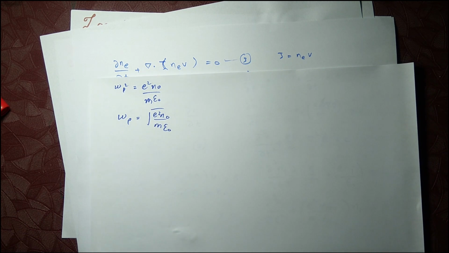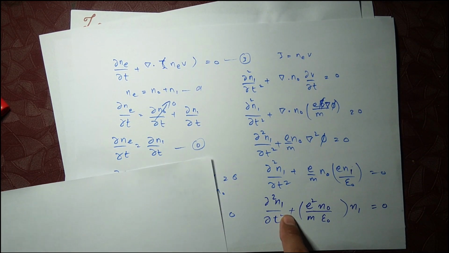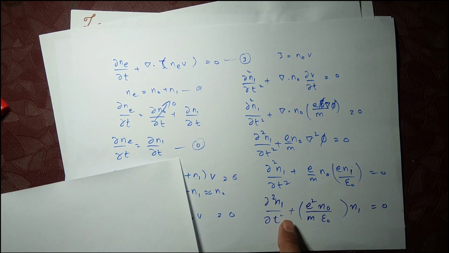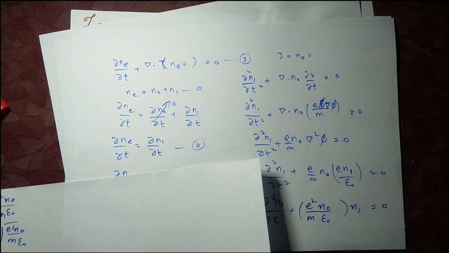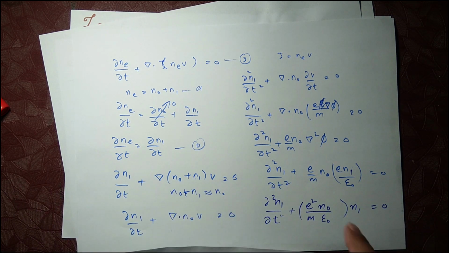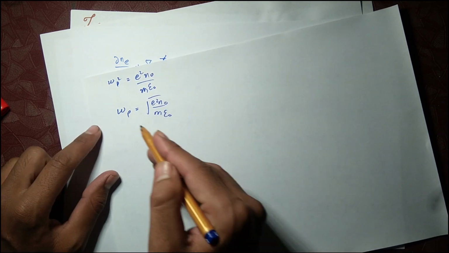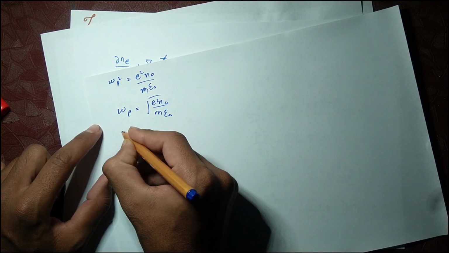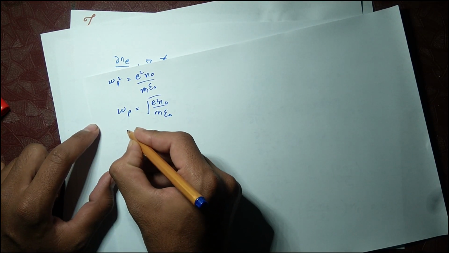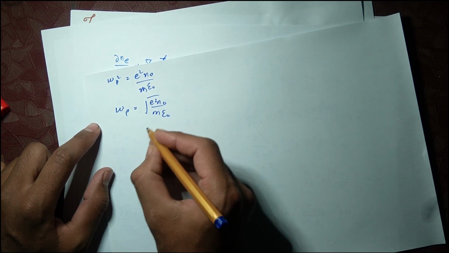So as you look here in your equation, this is a second order differential equation, and we will solve this differential equation. If you've studied ordinary differential equations, then you can solve this easily.